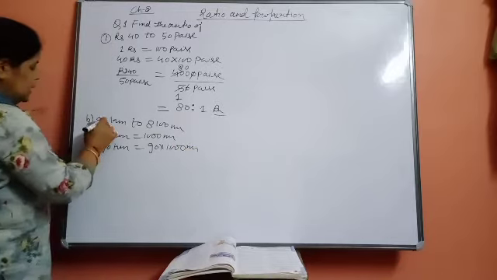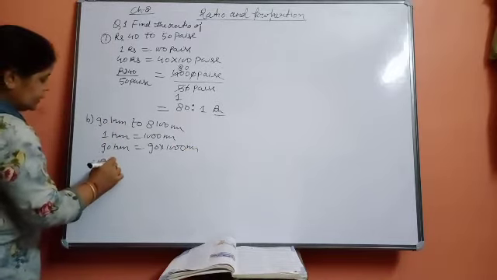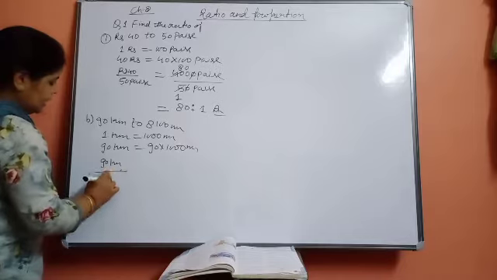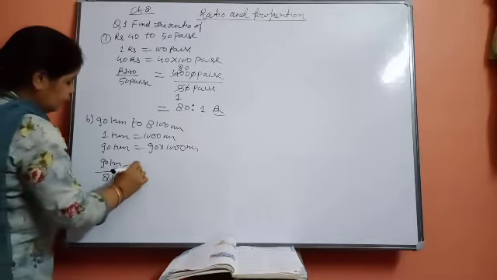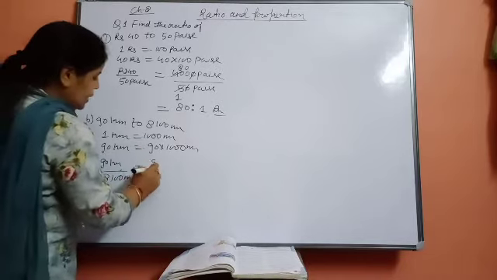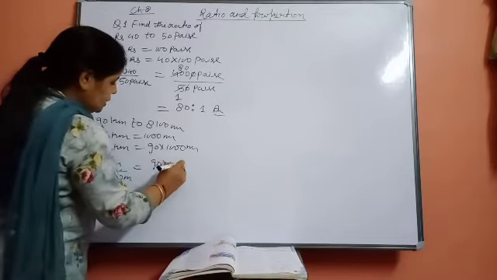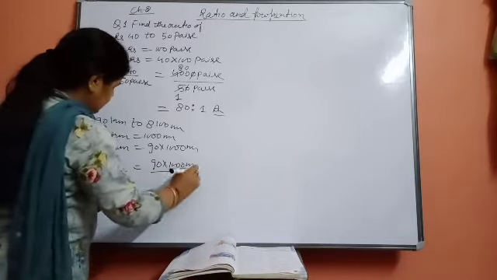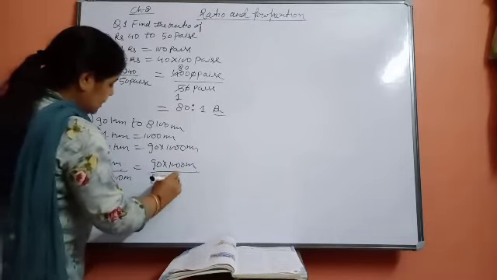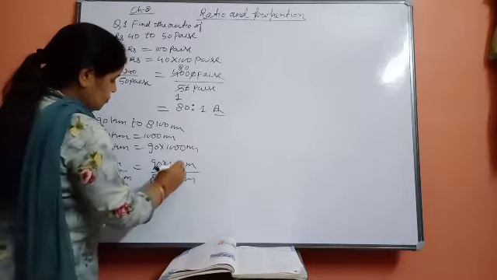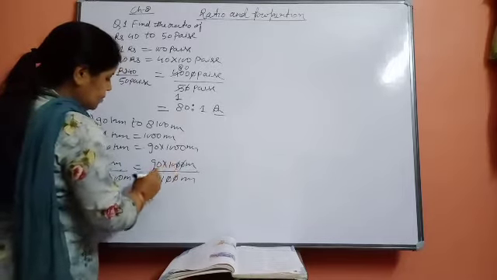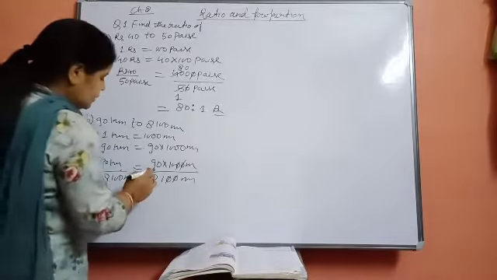Now take their ratio: 90 kilometer upon 8100 meter, which is 90 into 1000 meter divided by 8100 meter. So make them cancel.